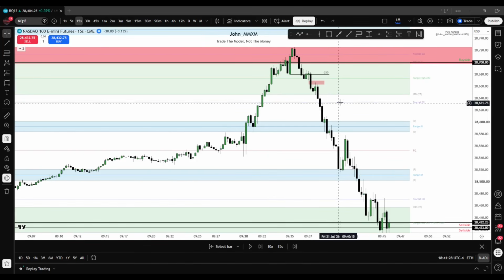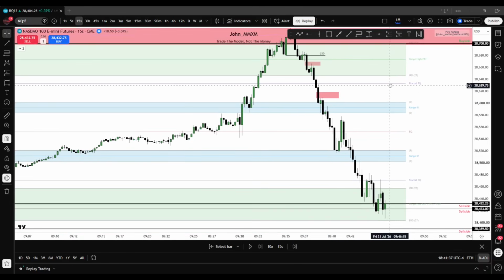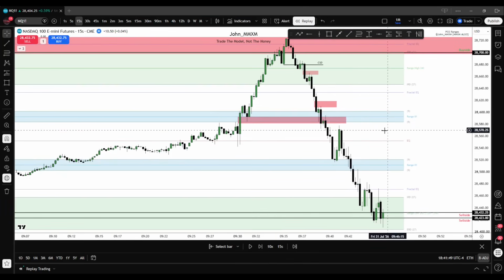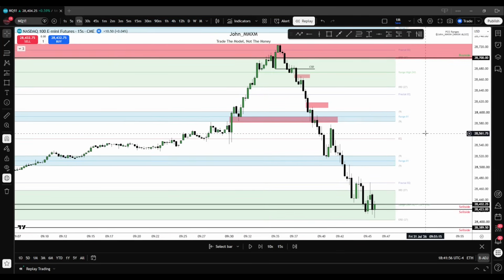The next entry would be at fractal EQ. But like I told you, we are a little distorted, and you can see this gap is the fractal EQ gap. For the range 81, the fractal level, you're looking specifically at this gap right there. This one represents the 81 range. Anything below that, we are not entering because it's below EQ.